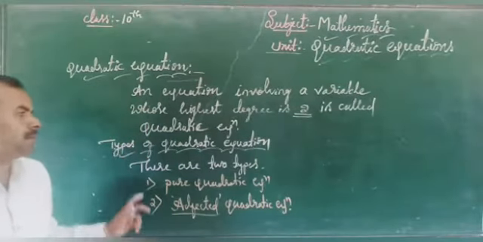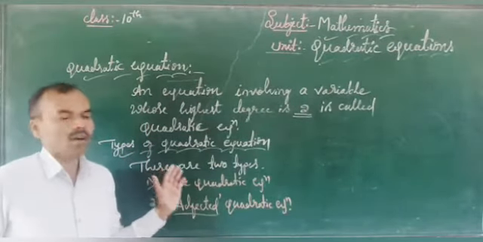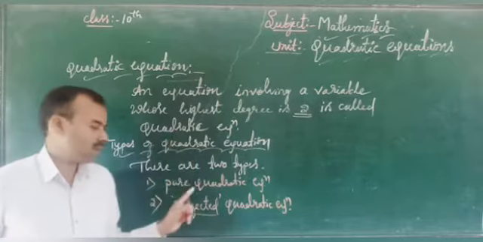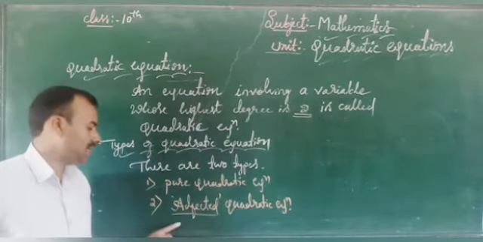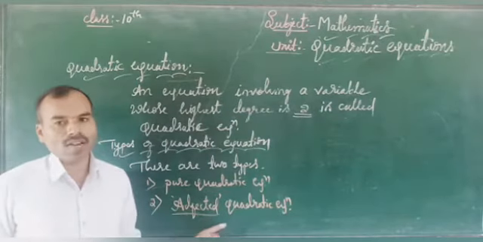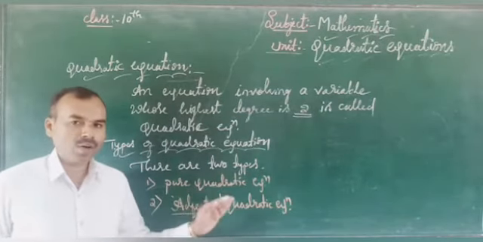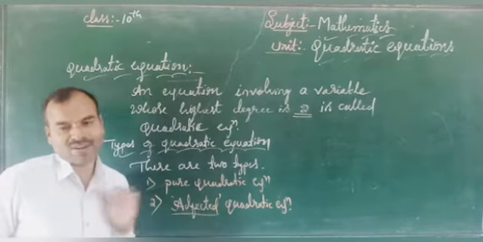You should remember the two types of quadratic equation: one is pure quadratic equation and another is affected quadratic equation. Now let us discuss one by one.